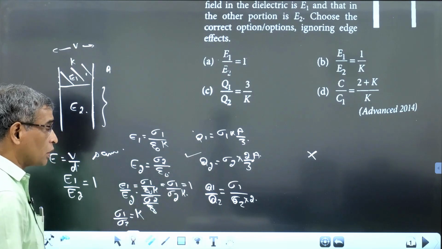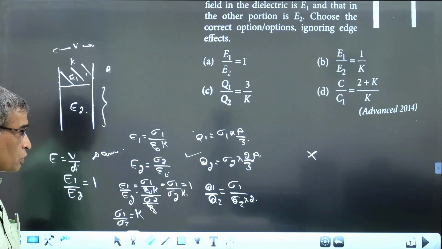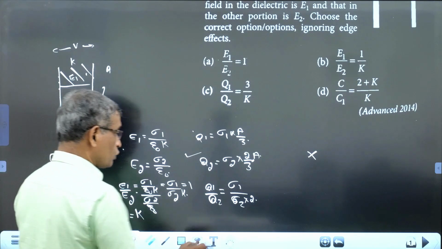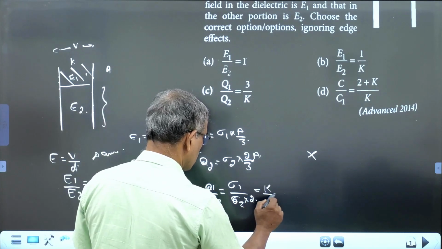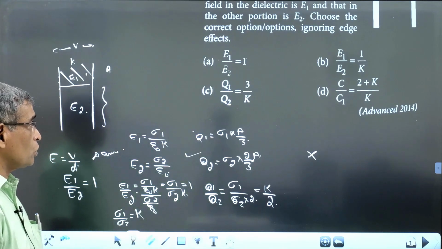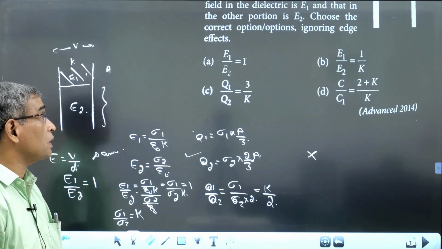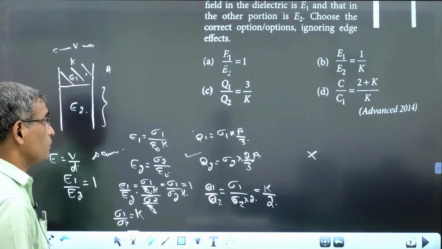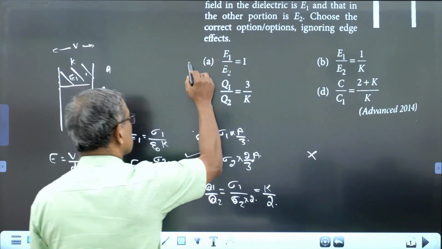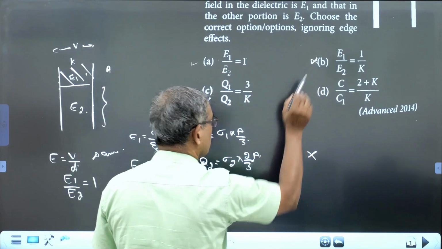Sigma 1 by sigma 2 we already got as K, so Q1 by Q2 is equal to K by 2. But here the option says 3 by K. That is wrong, therefore this option is wrong. This option is correct.